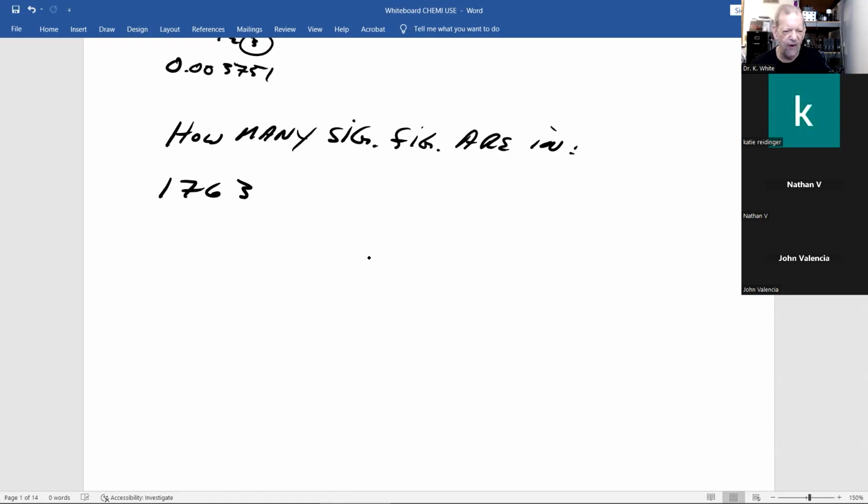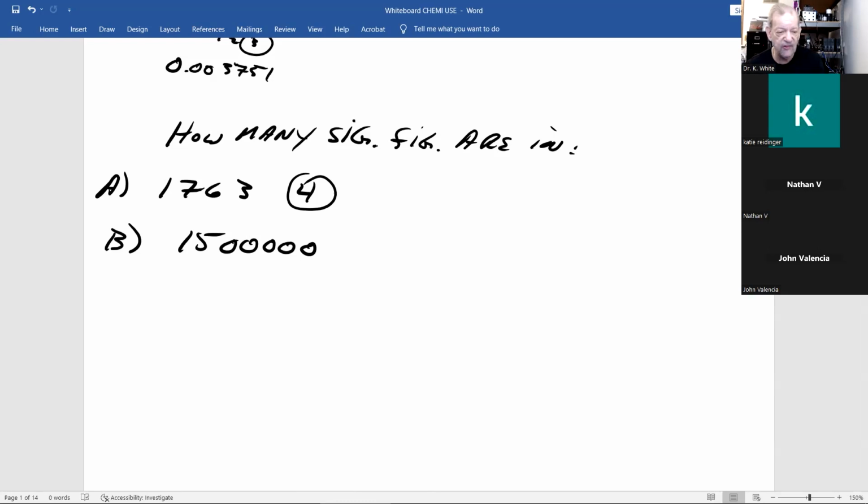And if we look at the first one, the question is, how many significant figures are in that number? And the answer is 4, because all non-zero numbers are significant. Now, if we look at this number, the question again is, how many significant figures are in that number?